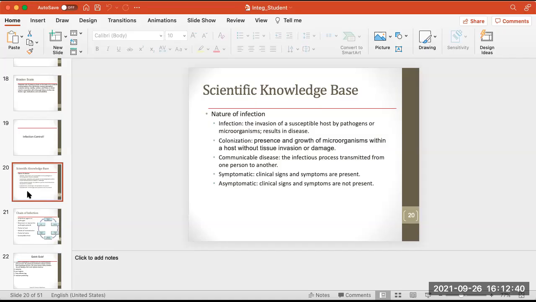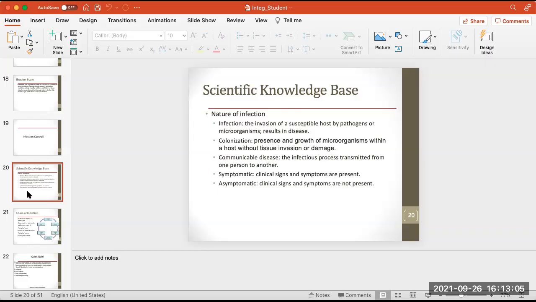So it's important to know those terms. I think part of these terms, colonization, infection, what is a communicable disease, come from your microbiology. So going back, if we don't remember, what do we mean by colonization? What do we mean by infestation? All of that will be a good revision for you folks.